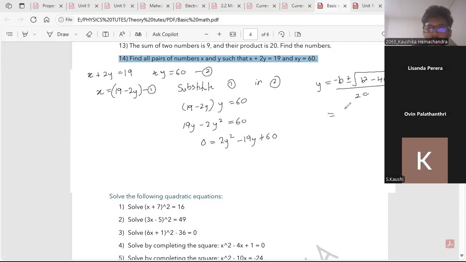So minus b, that's minus minus 19, so 19, plus or minus root b squared. What is that? 19 squared, no? Minus 4ac. 4a is 2, c is 60, over 2a, 2 into 2, right? So that is 19 plus or minus root 19 squared.